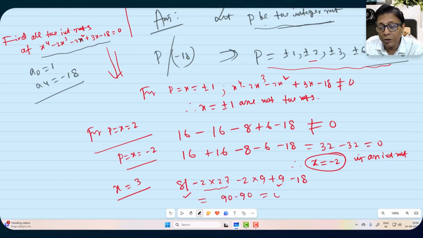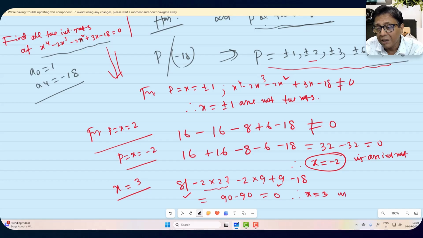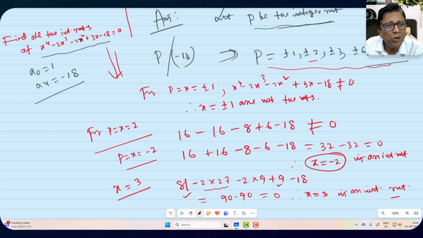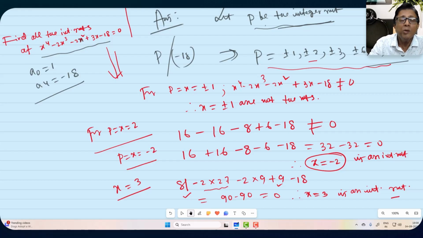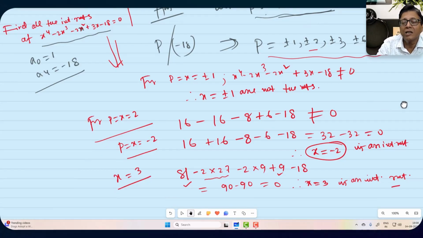So therefore x equal to 3 is an integer root. Will you continue this way, putting minus 3, 6, 9? No, you wait. You got two integer roots here, that is minus 2 and 3.